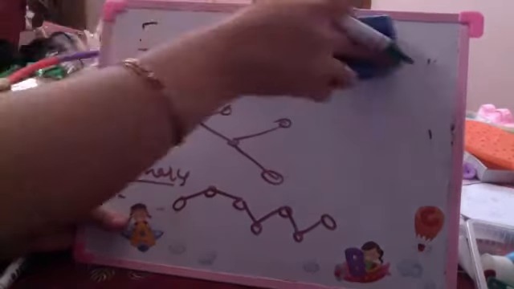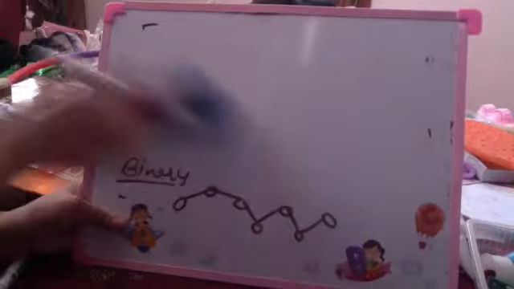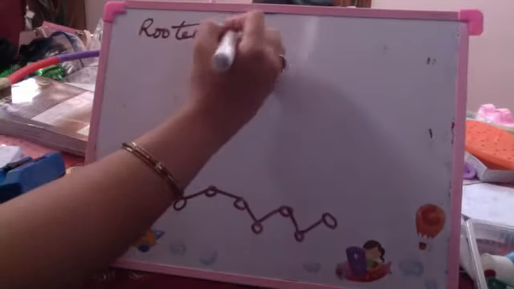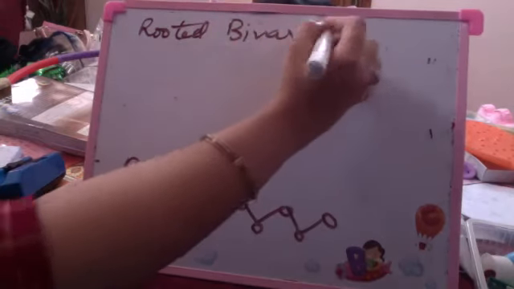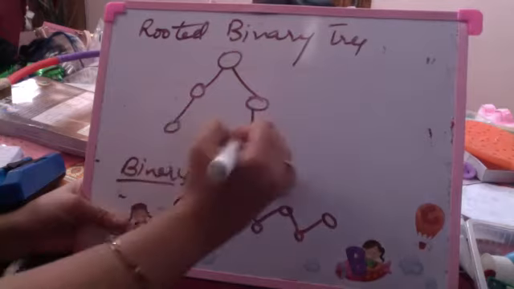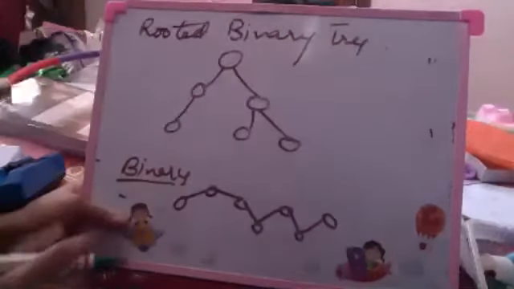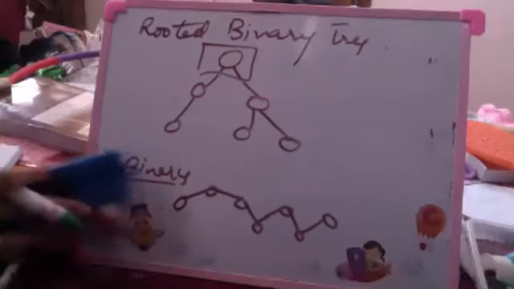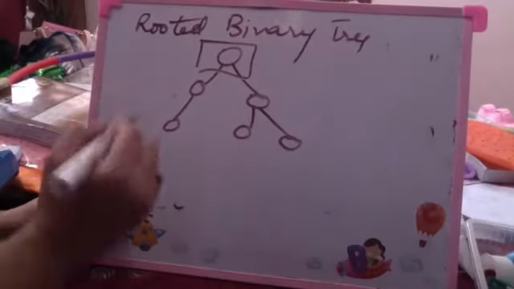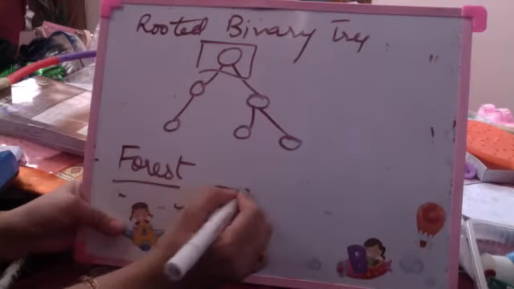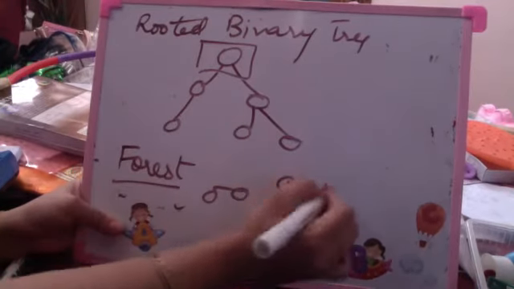What we are concerned with is a rooted binary tree. हम जिसकी बात करते हैं, that is a rooted binary tree, represented like this and so on. We have a root and then we have the binary tree. In case there are many trees which are not connected to each other, then this is called a forest.